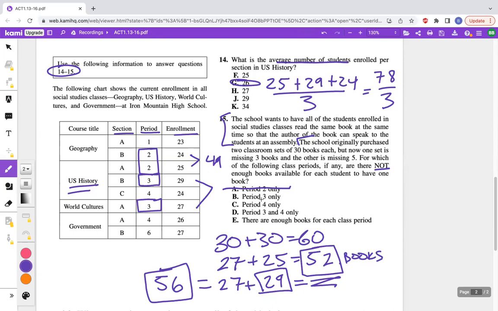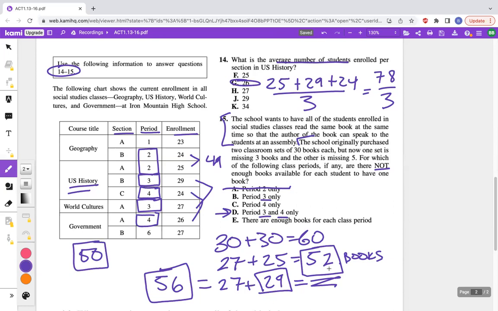So we know period 3 isn't going to work, but now we need to check period 4 to look for answer D. The last period here is 4. We're going to add 24 and 26. If we just add those up, that's going to add up to 50.